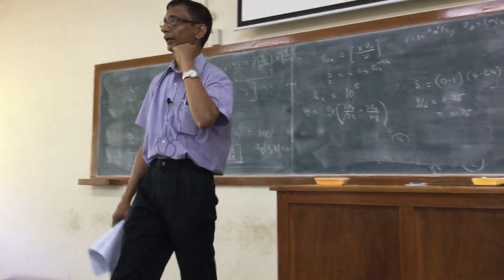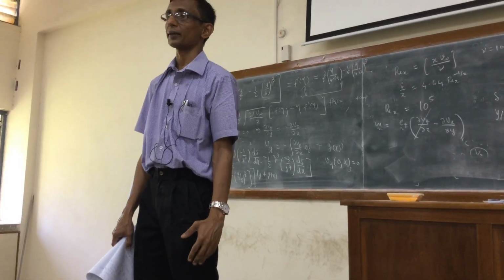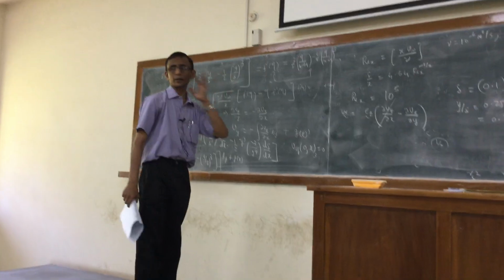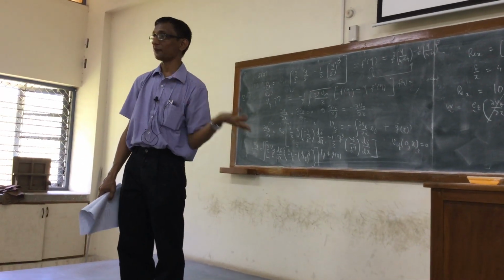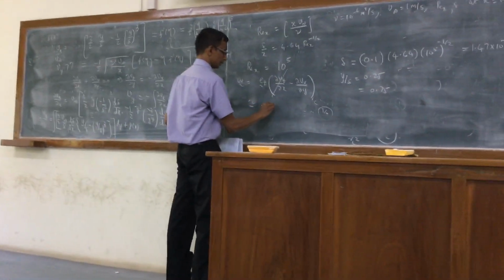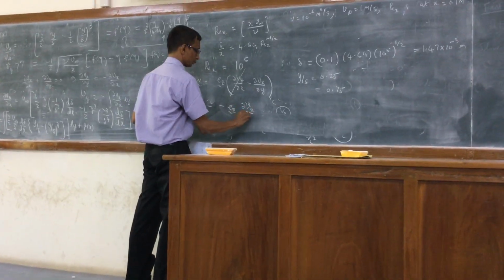We have seen that the gradients in the y direction are expected to be much more than those in the x direction. So it will be a somewhat cumbersome calculation to calculate a small quantity, so you might as well leave it at this. So approximately minus Ez, in the z direction, dvx by dy.